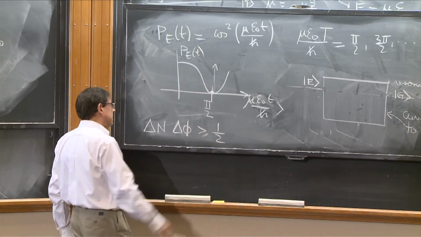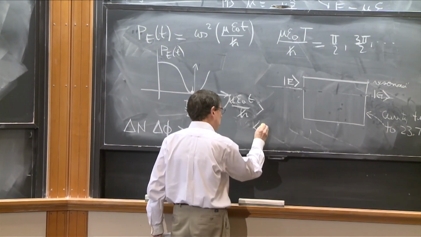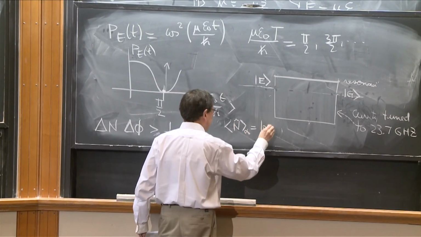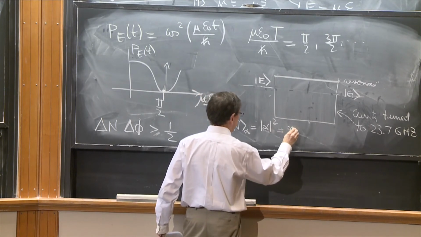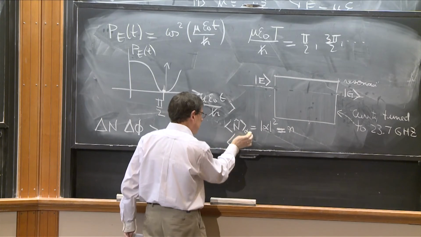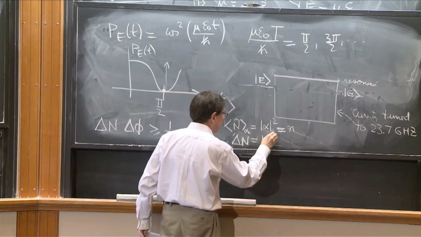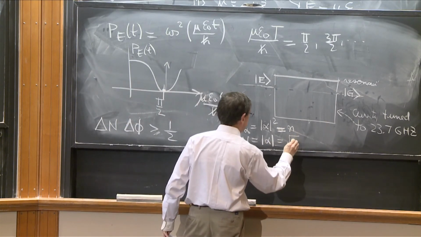You have a coherent state of light. You may remember that the expectation value of n in a coherent state alpha was alpha squared. And you call this the number n of photons. And the uncertainty in n was in fact alpha. So it's square root of n.